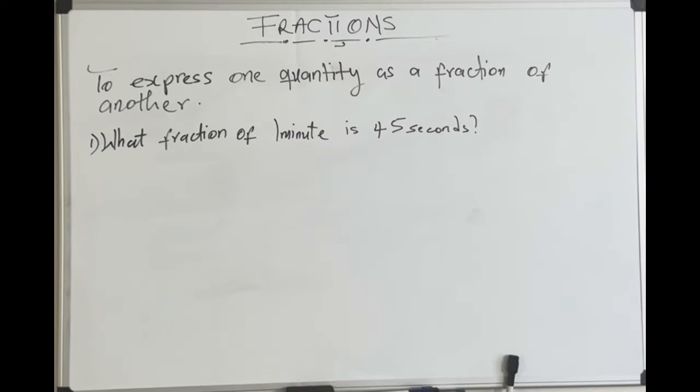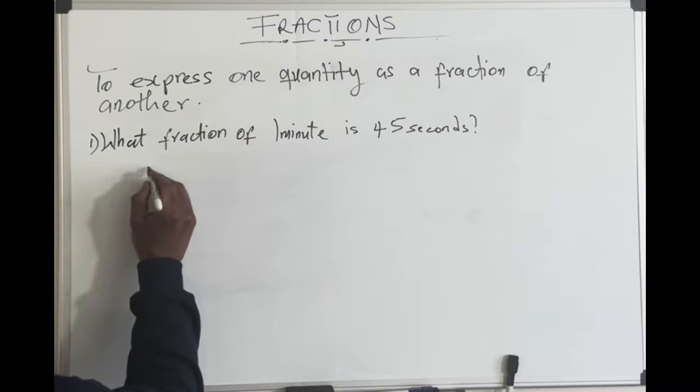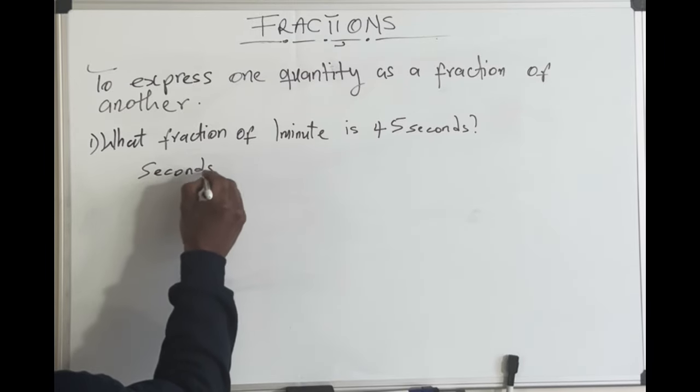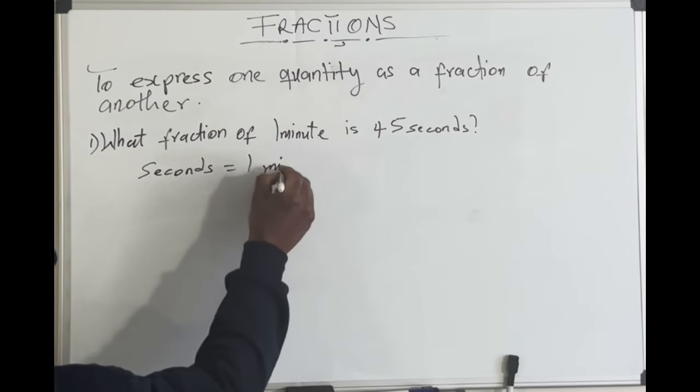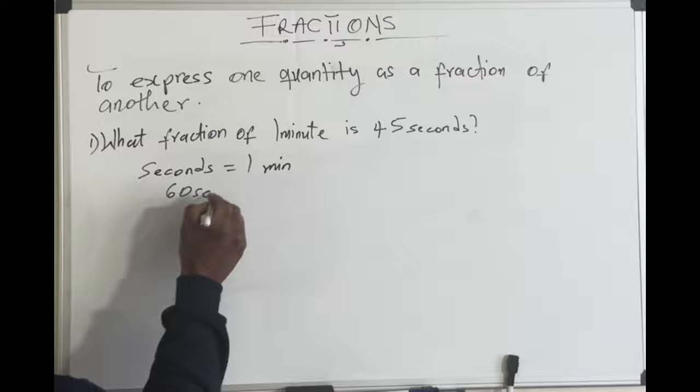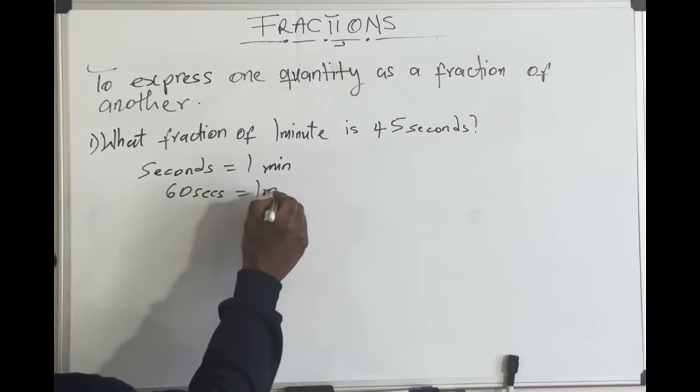So what fraction of 1 minute is 45 seconds? Before we work this out, we said earlier that all the units need to be the same before you can proceed. So we need to change the minute to seconds. How many seconds will give 1 minute? 60 seconds is equal to 1 minute.